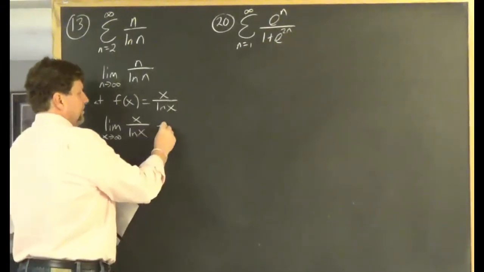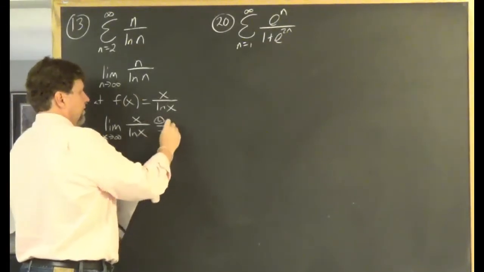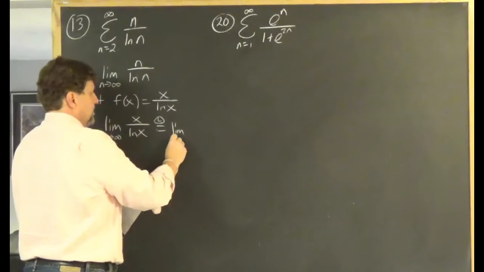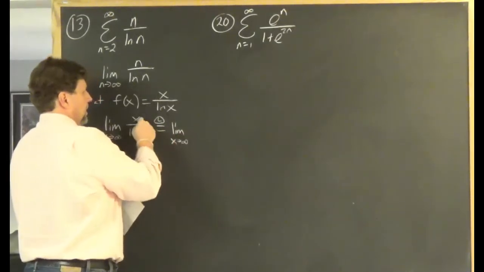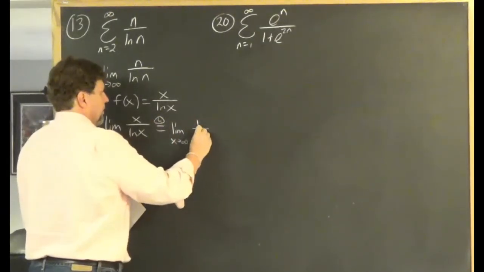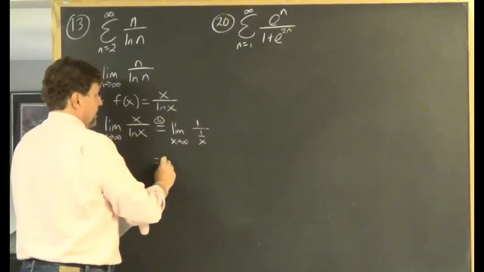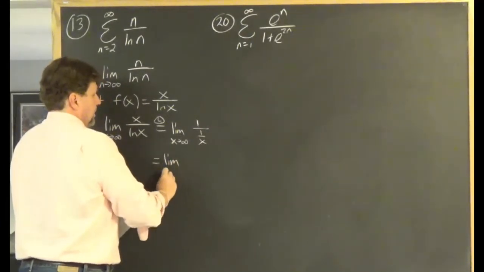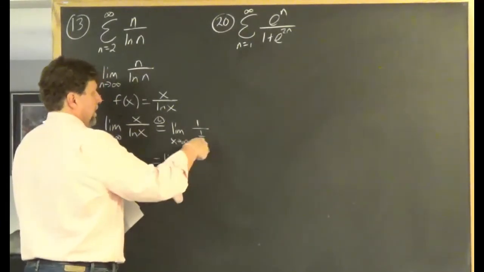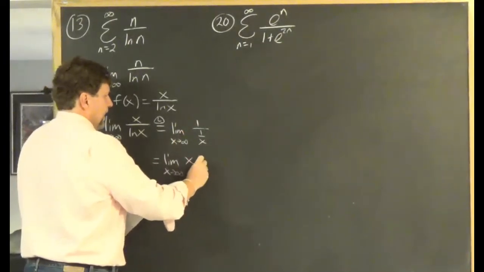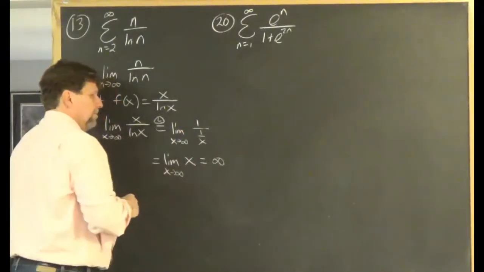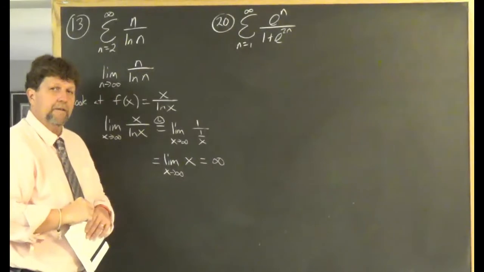It has the form infinity over infinity, so let's take it to the hospital. That gives me a 1 over x in the denominator, so the limit is just x. Yep, that limit is infinity.